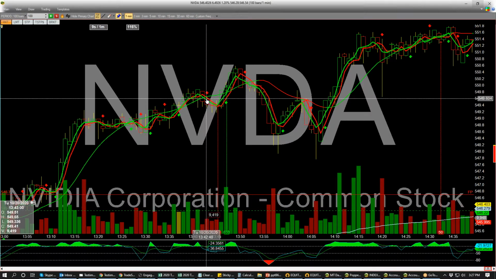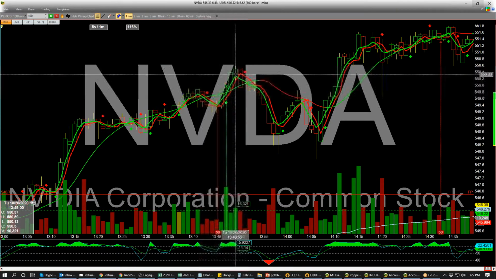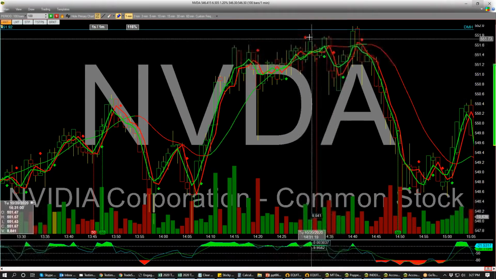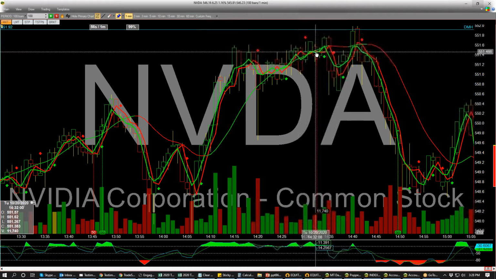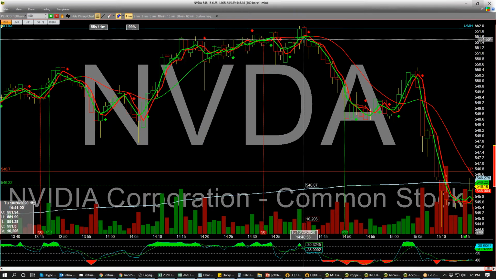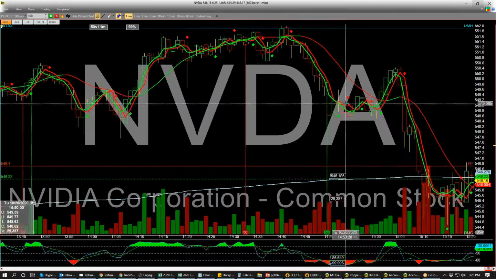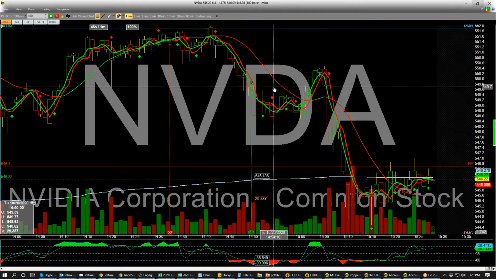It went right below the HMA, but the HMA was still green. And then I got stopped on this bounce up. And then I shorted up here again when it started to roll over a little bit. I had the red down arrow and I gave it a little bit of room, and then I rode it down through here and I had to protect profit. Actually probably got out a little soon, but I picked up $1.50 on that second move.